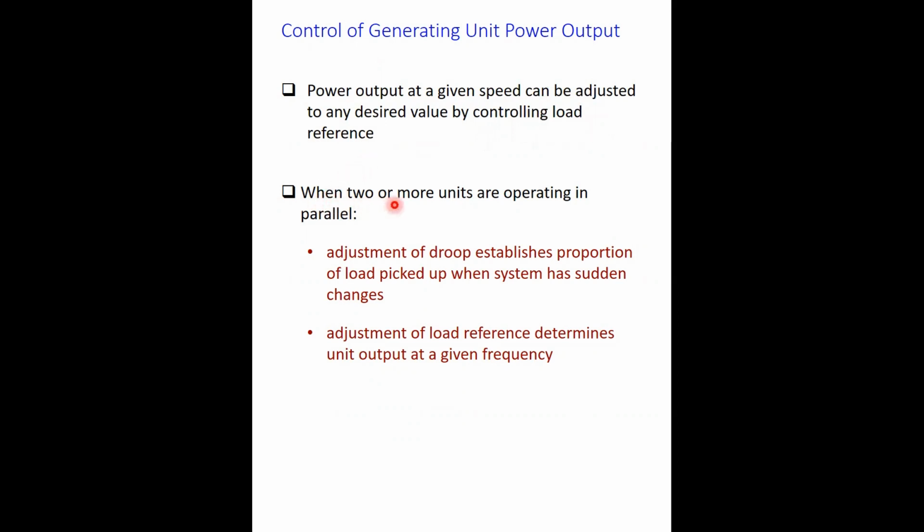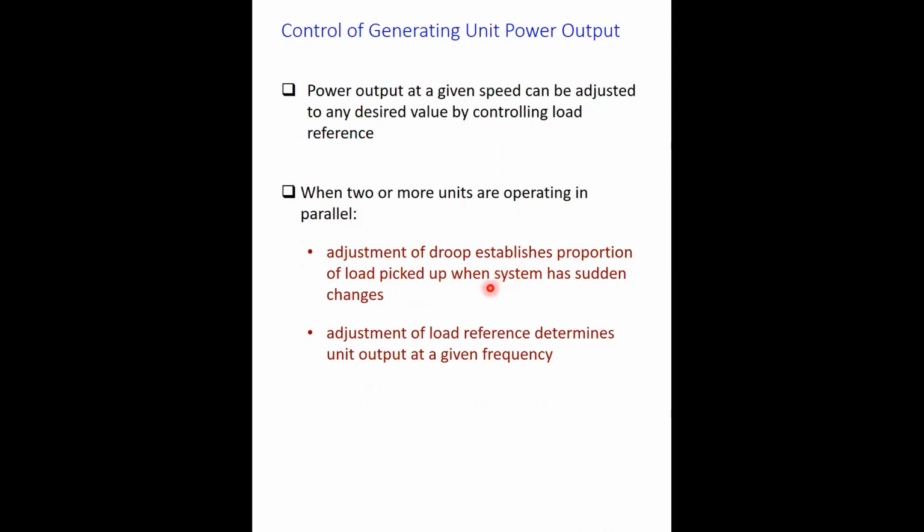And if you have several units, several generators operating in parallel, then with the adjustment of droop, that will allow a proportional change in the output power for a generator.